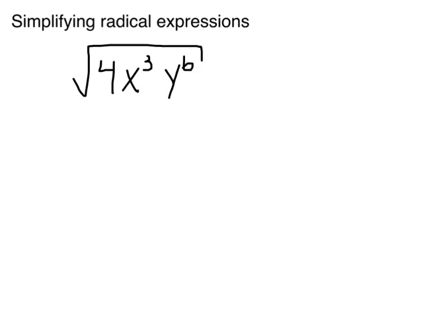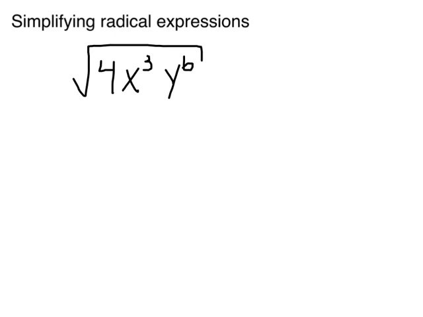So one last thing I wanted to show you is how to simplify radical expressions when you just have the root here and you have one term inside your radical expression. So what you want to do is look for perfect squares that can be factored out of the radical expression.